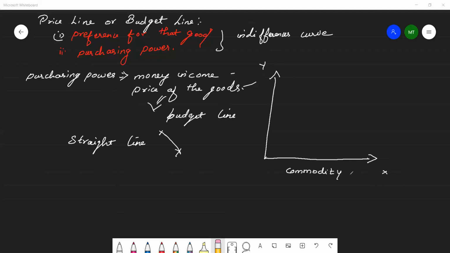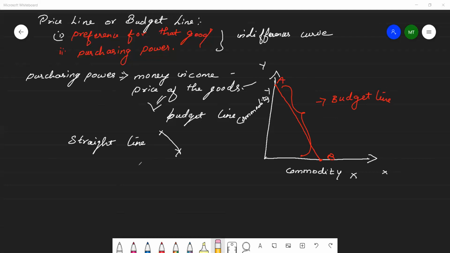Commodity X, commodity Y. So from the x-axis we come straight to the y-axis, starting from a point here, then to B, A, B. This is the budget line.